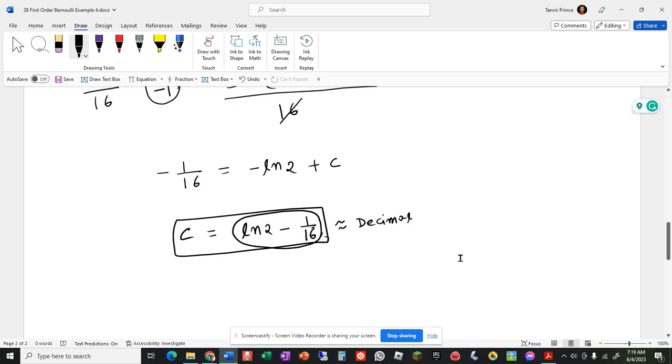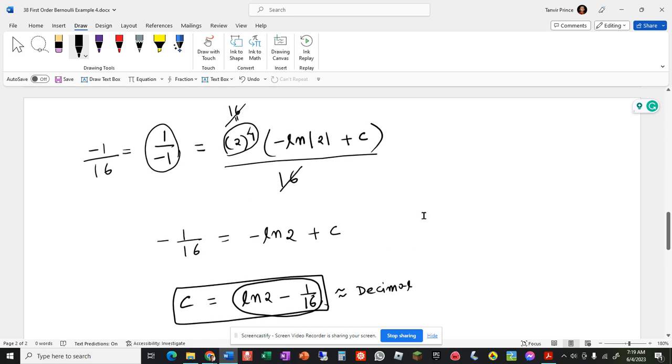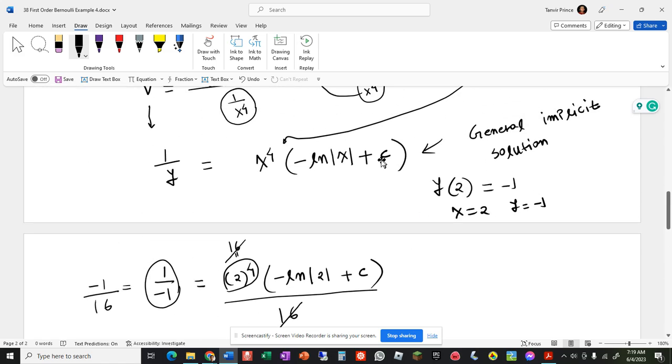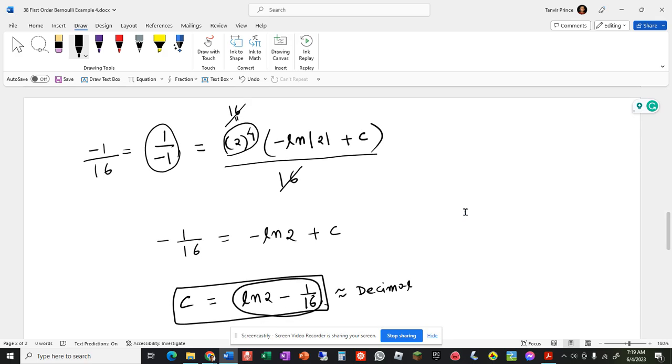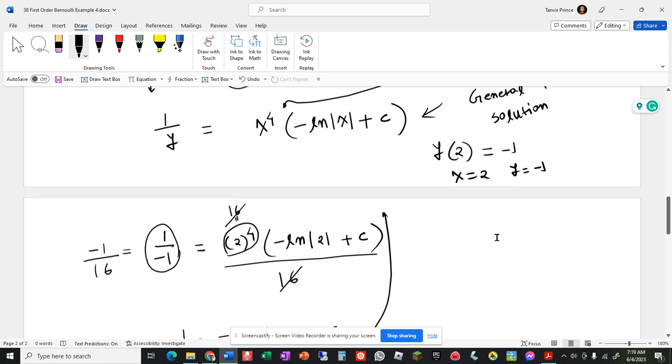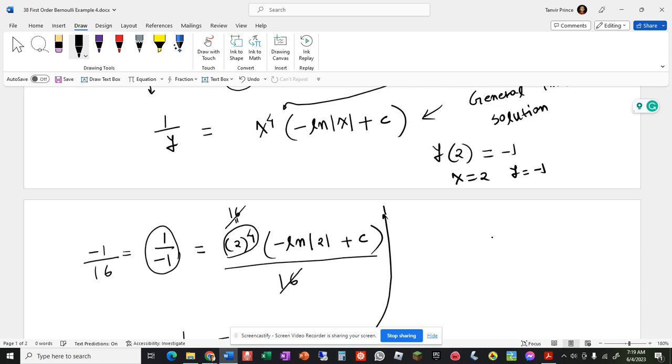And then finally, I have to replace the C here. I can replace C by that number. So let's replace the C here by that number. Right there. So let's copy everything else.